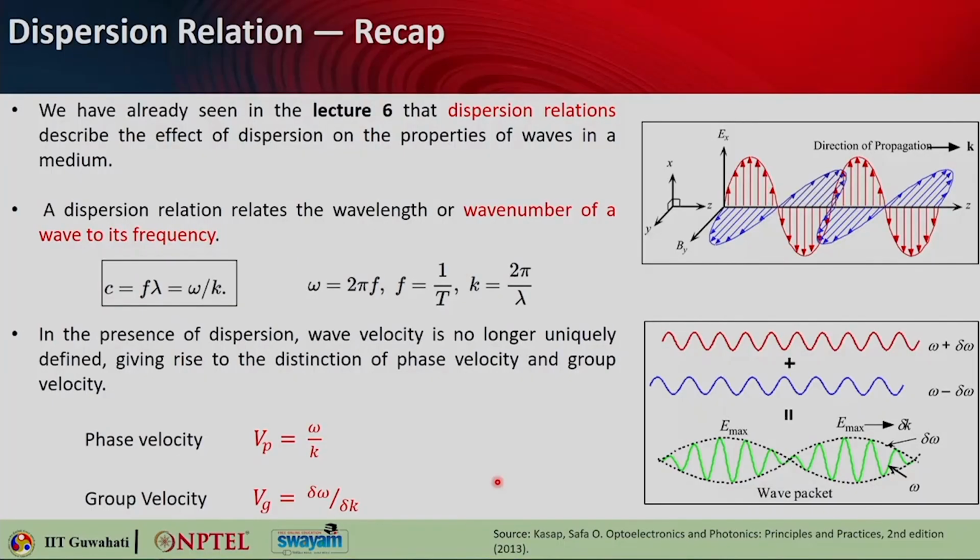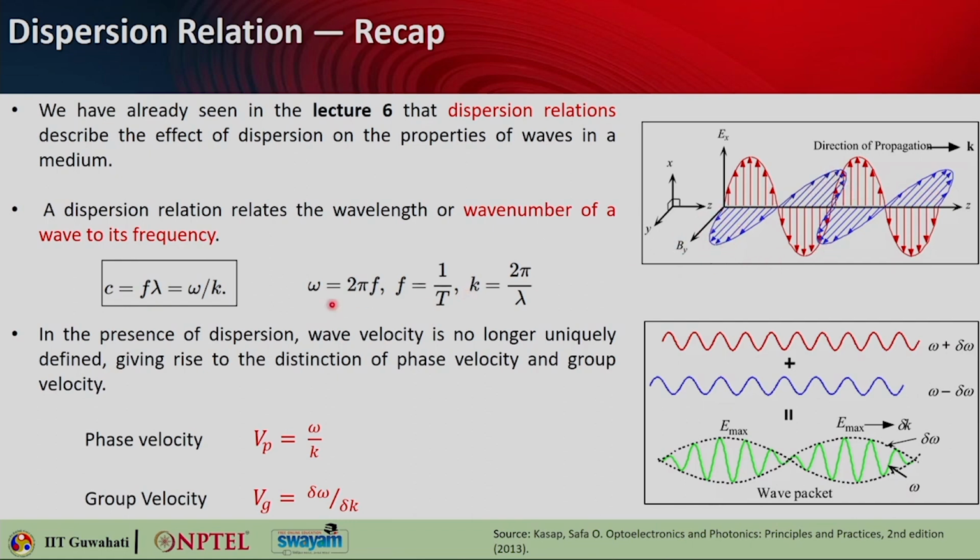Now, let us have a quick recap of the dispersion relation that we have already seen in lecture 6. If you assume this as the direction of wave propagation, here we have assumed that the wave propagates along the z direction, that means the k vector is along z. The electric field is oscillating along the x plane and the magnetic field is lying along the y plane.